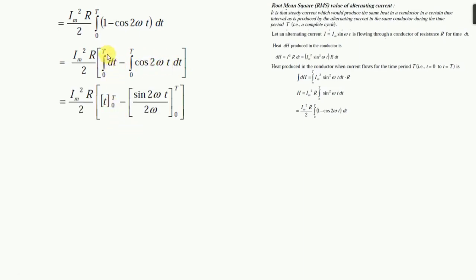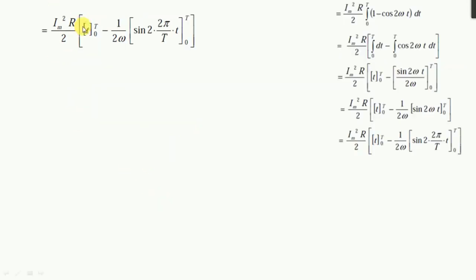So the integration of dt is t, and the limit is from 0 to capital T, minus, and the integration of cos is sine, and this 2 omega will come in the denominator. So in the next step I am taking this 2 omega outside the bracket because it's a constant. Next I'll put the value of limits.